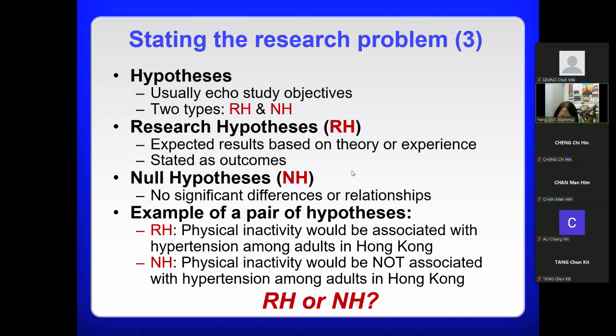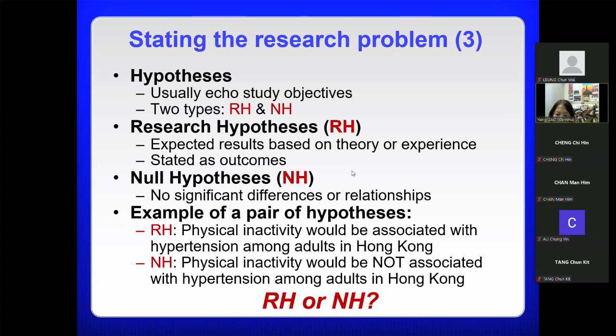They're usually presented in pairs. One is called the research hypothesis, which describes the expected results, and another one is called the null hypothesis, which describes the non-significant difference or relationship.